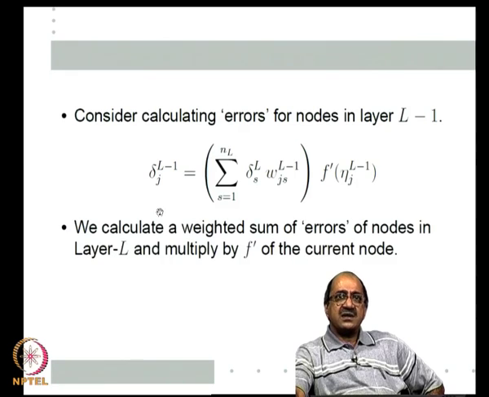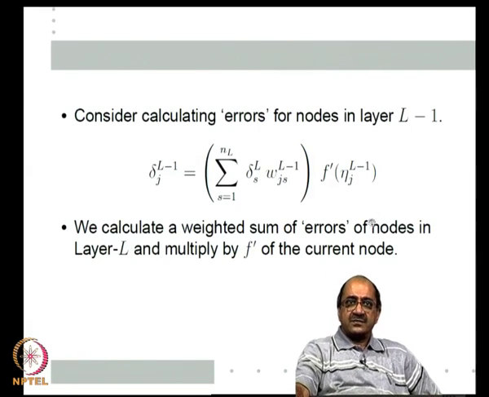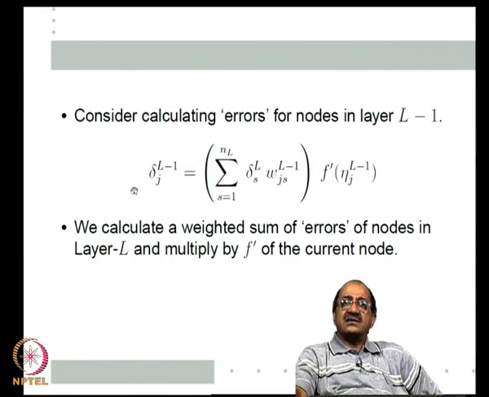So, we calculate it as a weighted sum of errors of nodes in layer L and multiply by f prime. That is how we get errors for nodes in layer L minus 1.